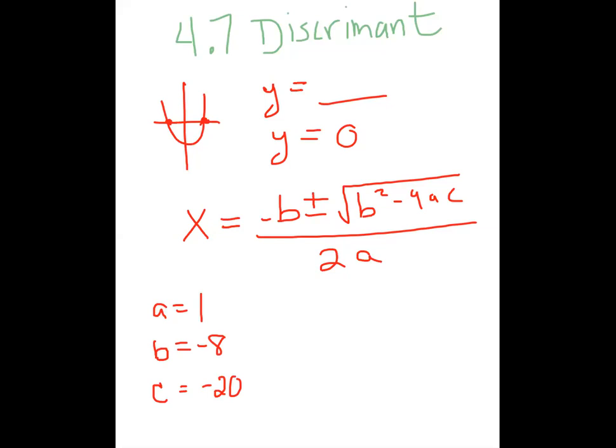And if you plug all of that into the quadratic formula, it would look like this. First of all, this right here is the opposite of the b value. Since our b value is -8, we'd be taking the opposite of -8, which turns into a positive 8, plus or minus the square root of -8 squared minus 4 times a, which is 1, times c, which is -20.